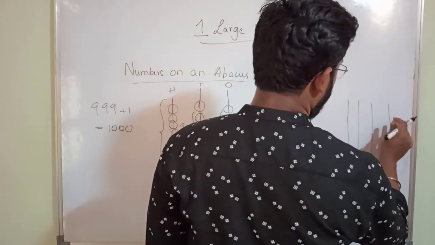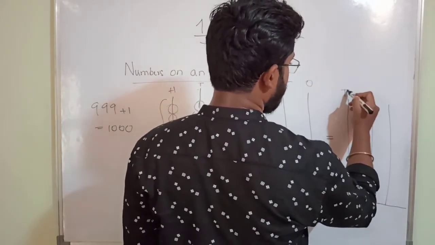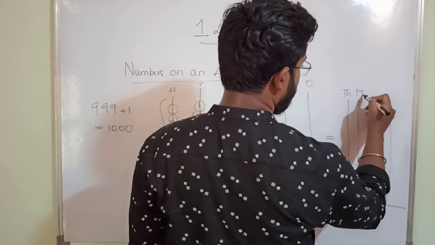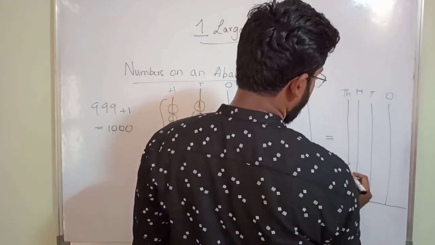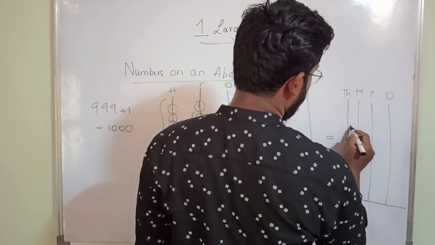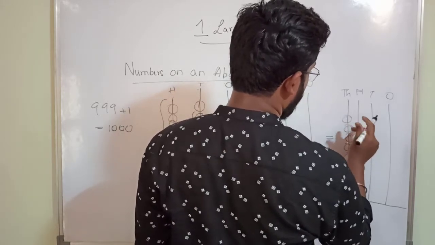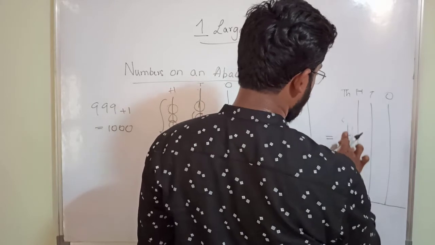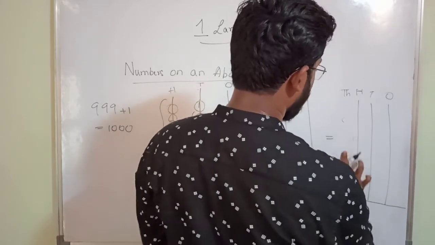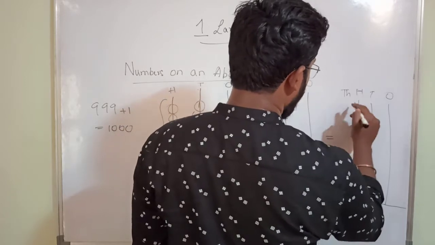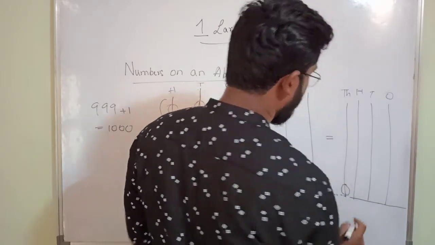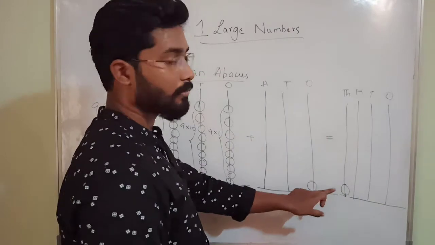Here you can take, this is thousands place, this is hundreds place, this is tens place, this is ones place. 1 2 3 4 5 6 7 8 9. So this is thousands place, no? You are not writing 10,000, you want only 1000. Okay, so what I can do, I can keep only one bead here, one bead in thousands value, that's all.